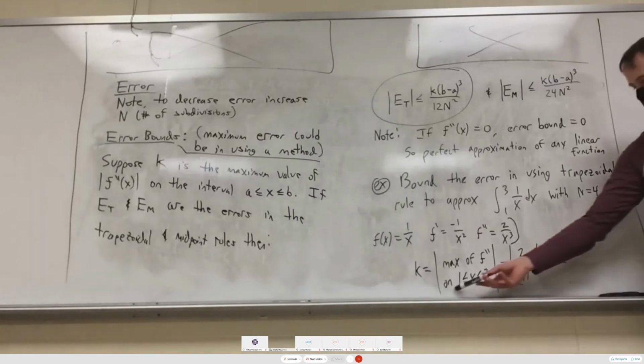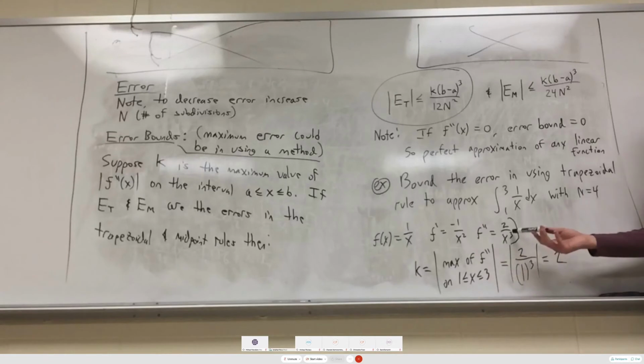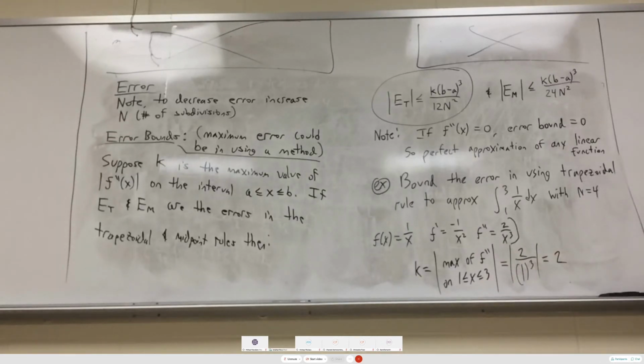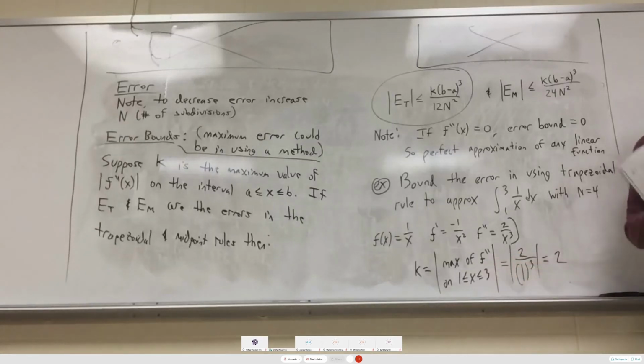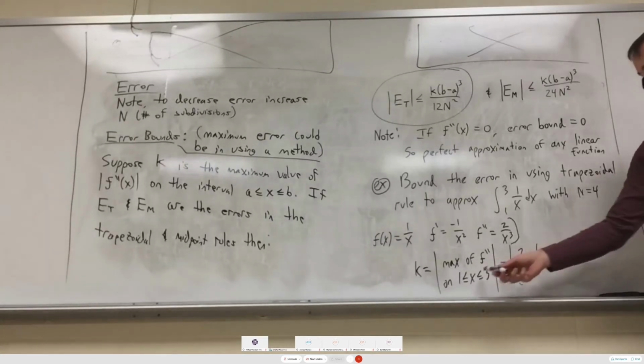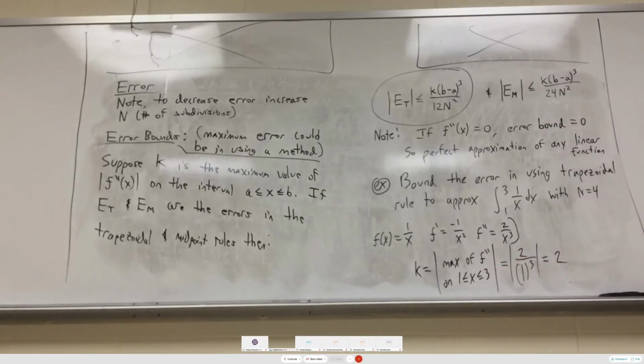So is there anything on this range that would be bigger than if I plugged in the smallest value? The answer is no. Almost every single problem in math 112, the answer is going to be one or the other, the endpoints. It's technically possible for the answer to be in the middle somewhere, but that would be a very weird function.